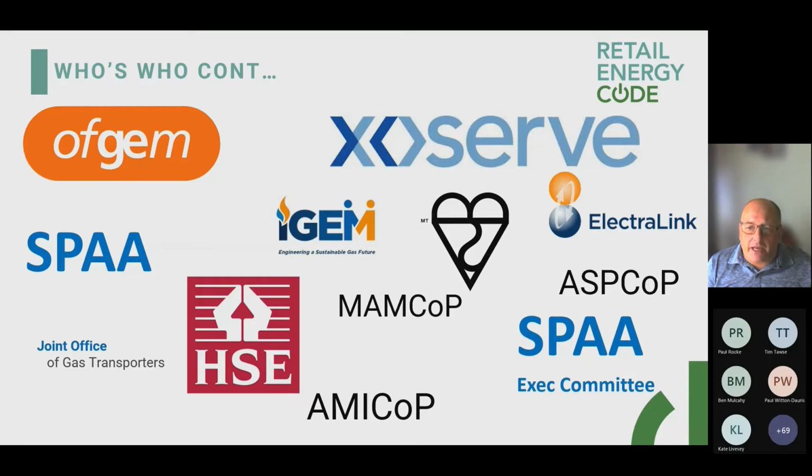So, the next one you've got, the big one at the top, ExaServe. So we talked about the transmission of data backwards and forwards by the SPA. The SPA set out the rules for communication, but in effect, the communication provider, the CSDP, the central data service provider, was ExaServe, and they provided all the vital services for gas suppliers, shippers, and transporters.